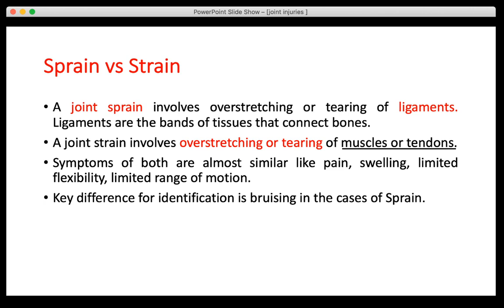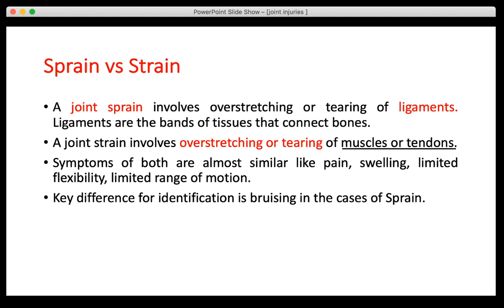A joint sprain involves overstretching or tearing of your ligaments. Ligaments are the bands of tissues which connect your bones basically. So if you have some problem in these ligaments, the injury you will have is known as joint sprain.